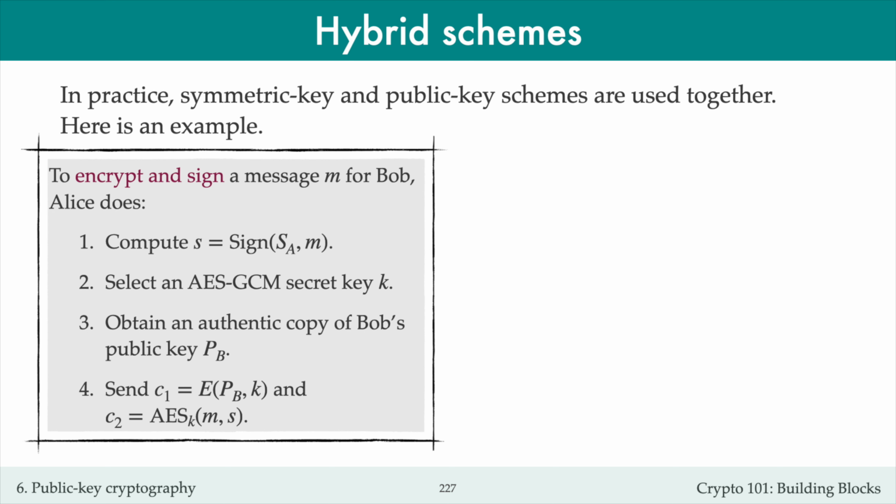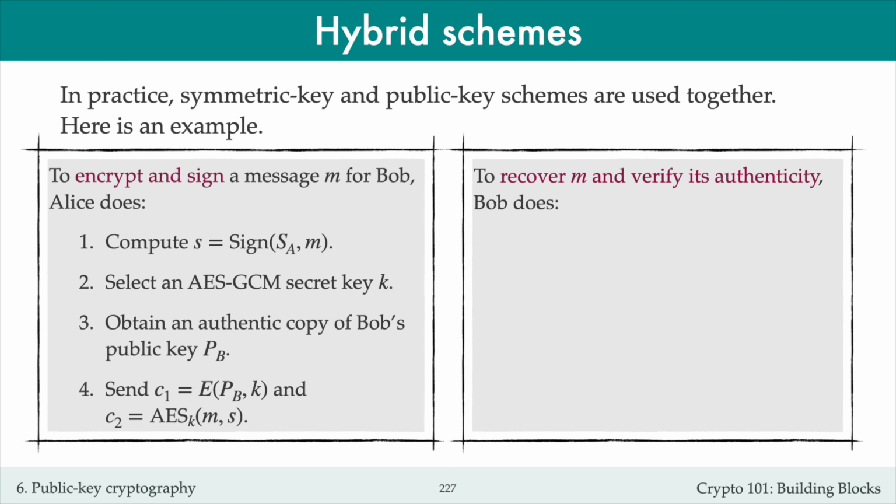She uses the public key encryption scheme to encrypt the session key K with Bob's public key to get the ciphertext C1. And she encrypts the message M and its signature S using AES with the session key. The ciphertext is C2. Alice sends C1 and C2 to Bob.